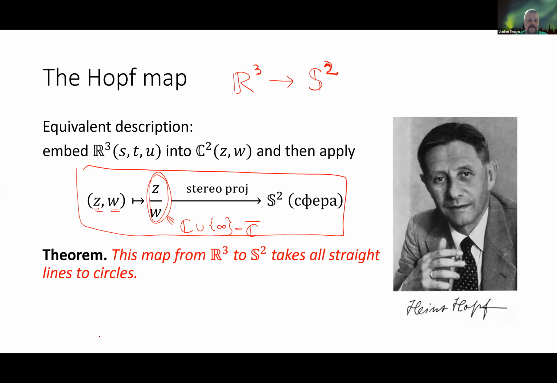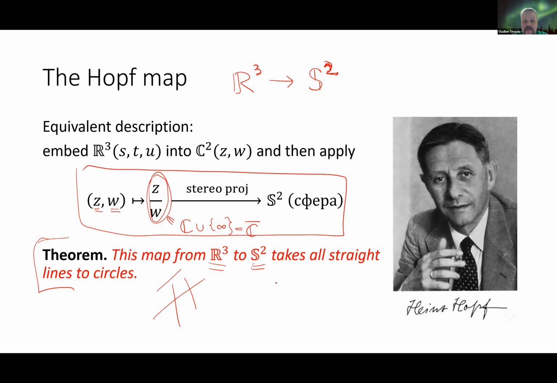But let me state an important and, in my view, interesting property of this Hopf map. The property is that this map from the 3 space to the 2 sphere takes all straight lines to circles. In the 3 space, we have plenty of straight lines.